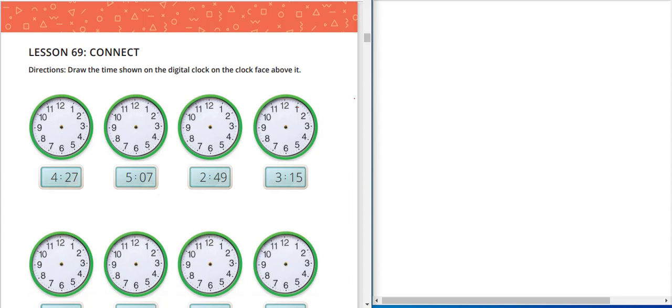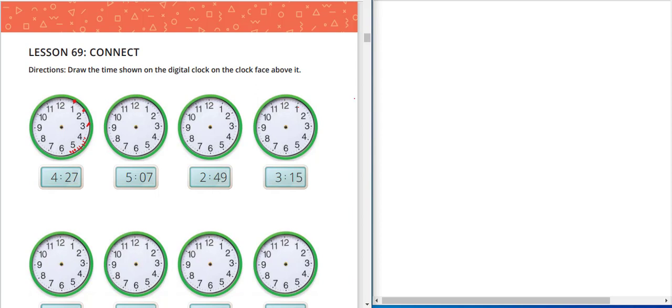We can skip count by 5: 5, 10, 15, 20, and then count by ones: 21, 22, 23, 24, 25, 26, 27.